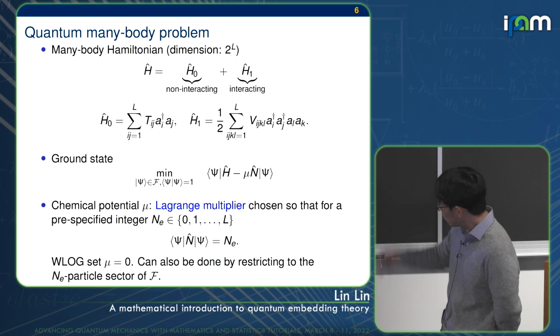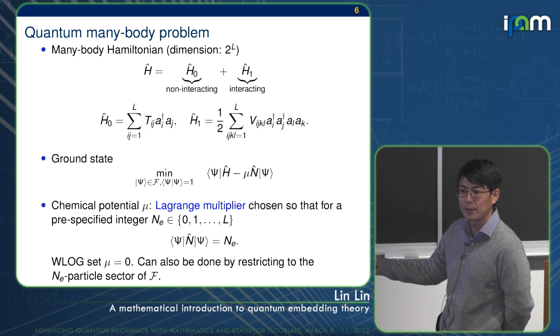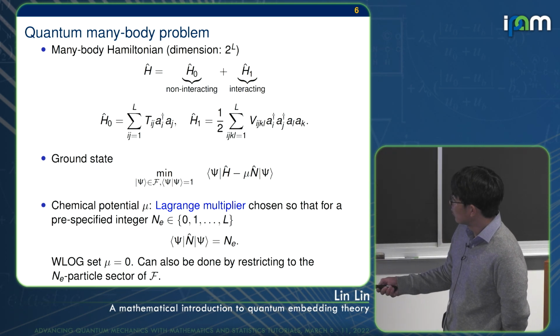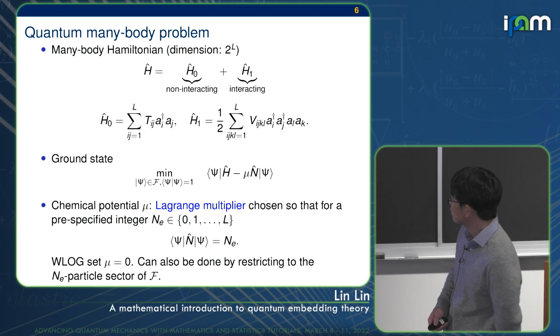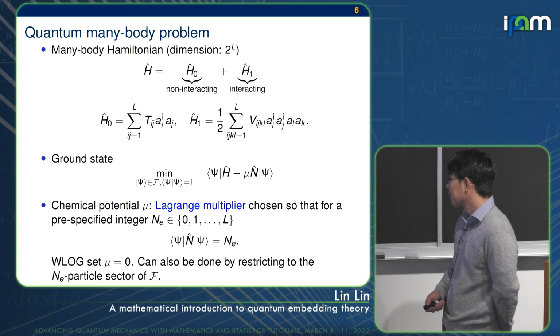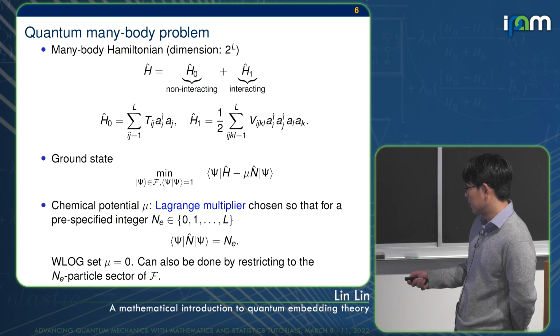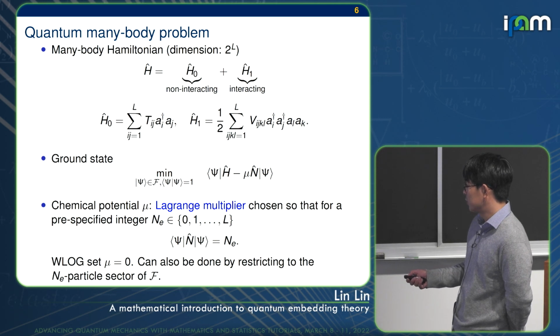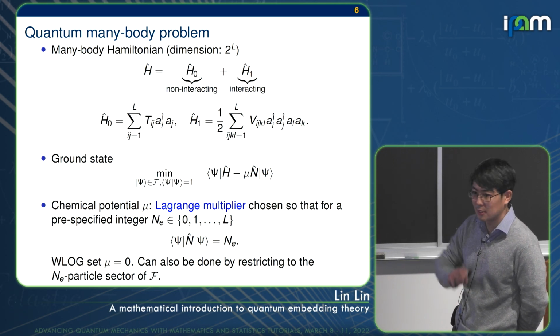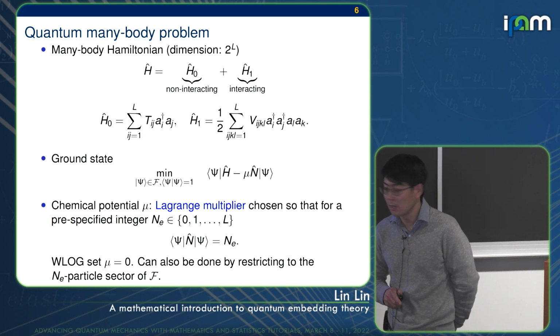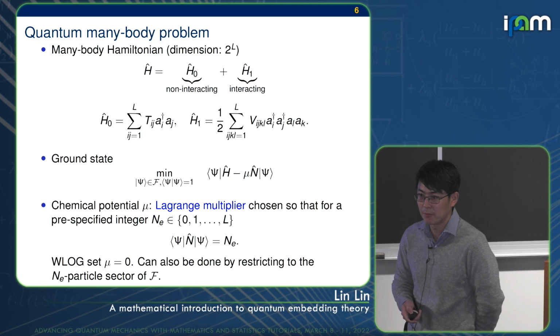And you can always tune mu so that this is satisfied. So without loss of generality, we can set this mu to be 0. When it's not the case, I'll mention it. And this mu condition can also be relaxed by restricting to the Ne particle sector of F, but let's forget about this for the rest of the talk. That's just making the calculation more efficient.